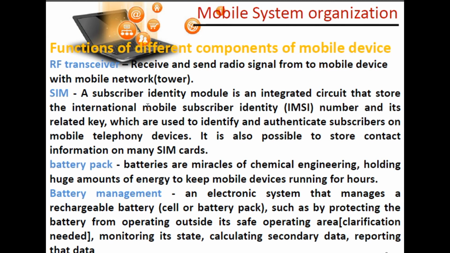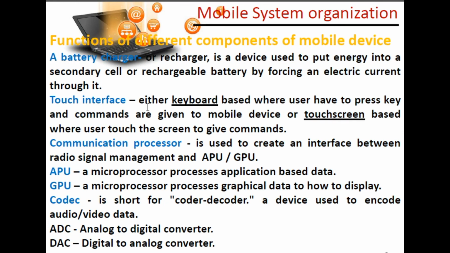It will say 100% is charged, now charging will be cut off, or when the battery level goes down, it will inform the mobile owner that the battery level is going down, please charge it soon, otherwise it will shut down automatically without losing the mobile's memory, or without crashing the mobile's operating system.